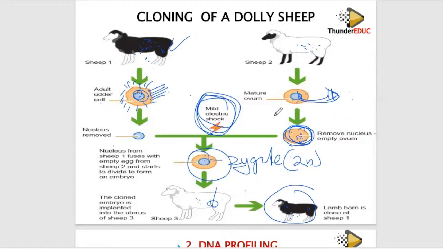It must look like a zygote so that the womb doesn't know what is inside, this zygote-like structure. So that now it can start undergoing mitosis and form those finger-like projections, and then done.